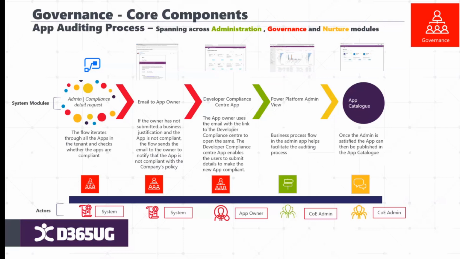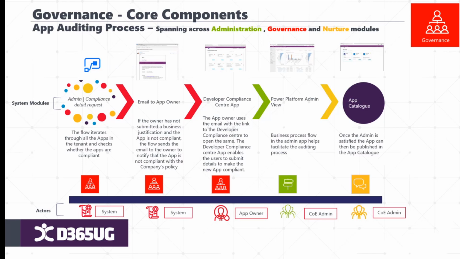It looks at a certain set of criteria. I think the criteria is something like if they haven't been active or used for 60 odd days, and a few other criteria that I don't remember right now. It looks at all that criteria and then identifies the apps that need to be cleaned up.